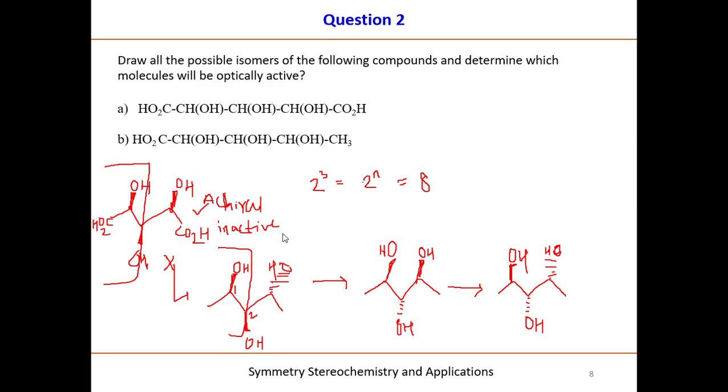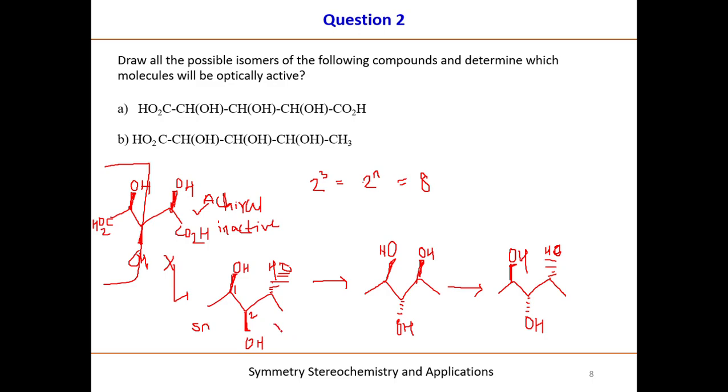Now let's check the other symmetry elements. If we rotate this molecule by 180 degrees, we will not get a non-distinguishable image of the molecule. That means the CN axis is also absent, and with CN and the plane of symmetry absent, we check the SN axis, and the SN axis is also absent.